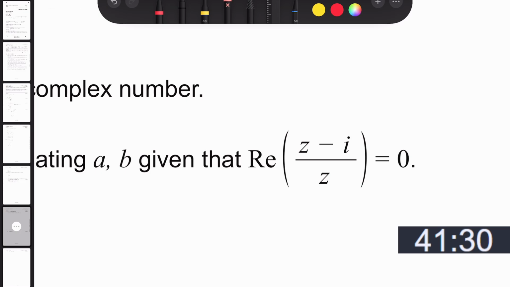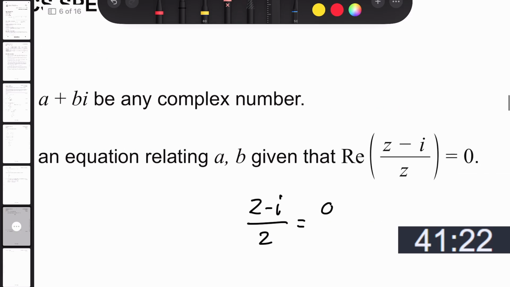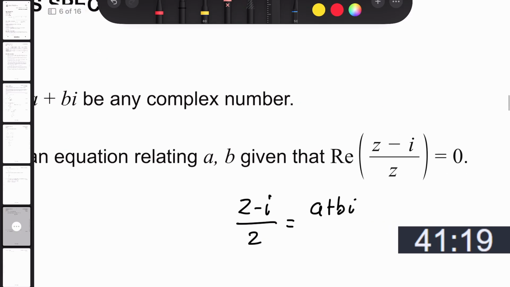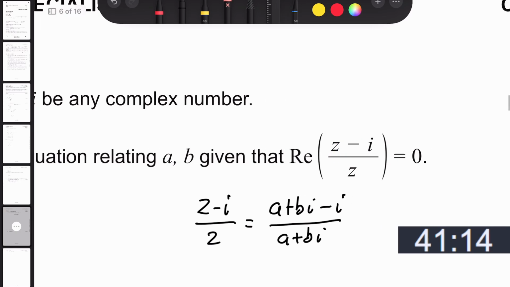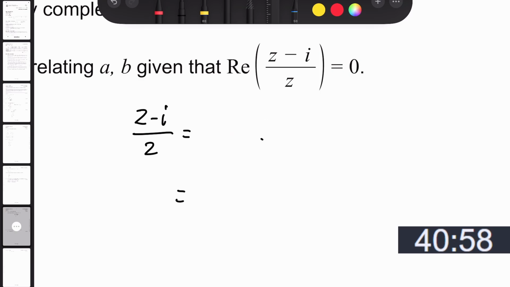So then z minus i over z is going to be a plus bi minus i, all over a plus bi. Actually wait, no, let me just write it like this. Because z over z is obviously going to be 1, minus i over z, a plus bi.